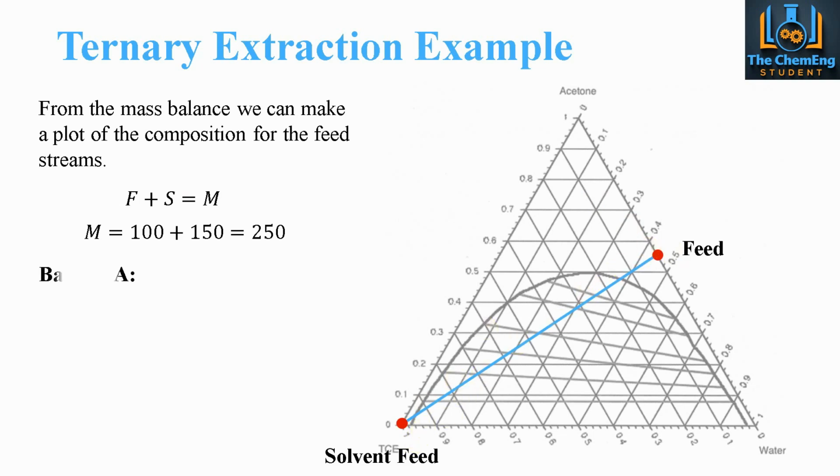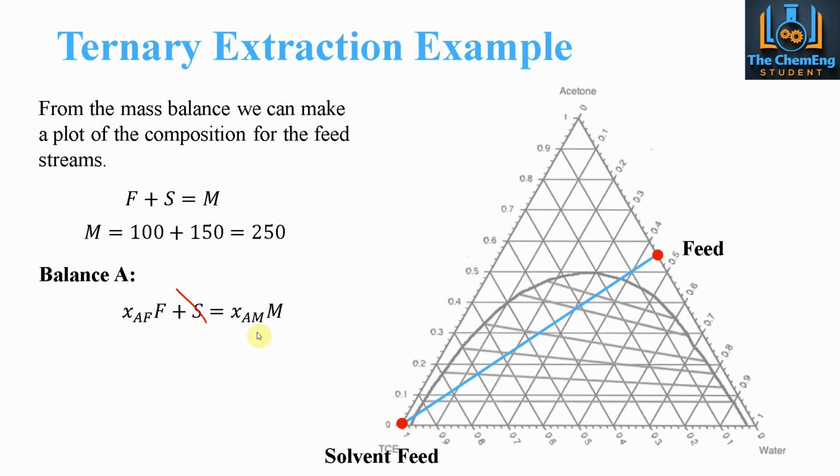Now what we need to determine is the composition of the mixing stream, so at M. The way we do this is we perform individual balances. We'll balance the acetone first. So we take the composition of the acetone in the feed multiplied by the flow rate. We don't have any acetone in the solvent stream, so we can disregard that, and it will disappear.